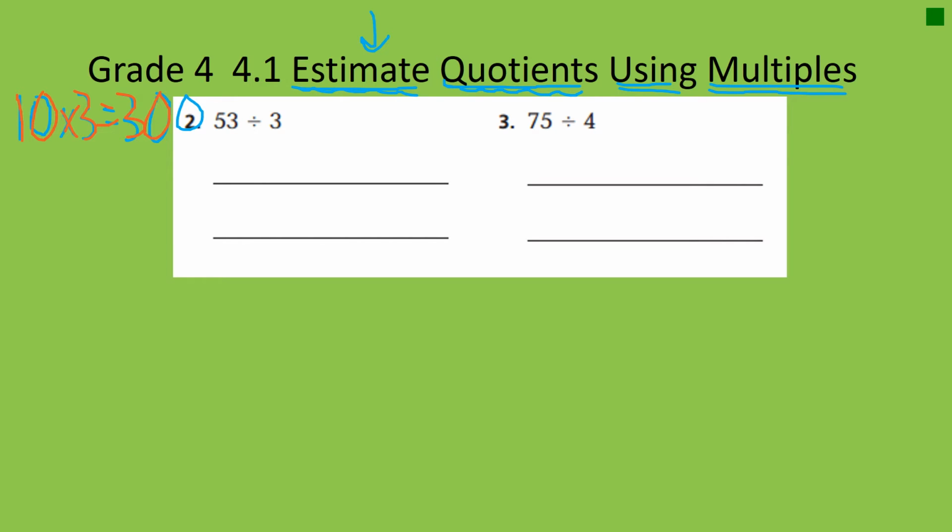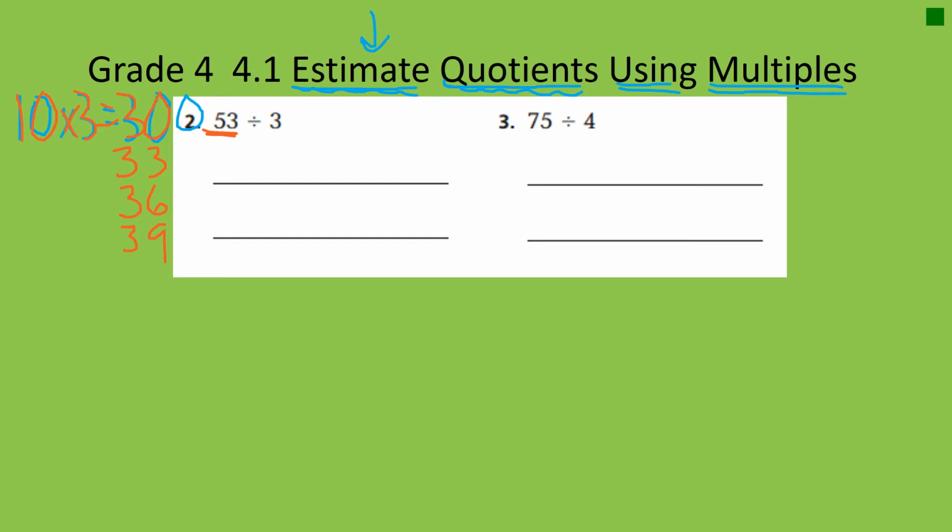Okay? So I just jumped right up to 10 sets of 3 and got 30. So I'm going to get as close as I can to 53. I'm just going to keep going up by my 3's, my multiples of 3, until I get as close as I can to 53.